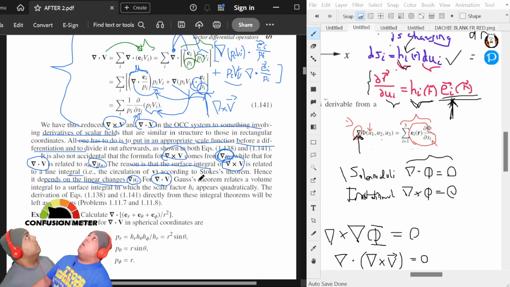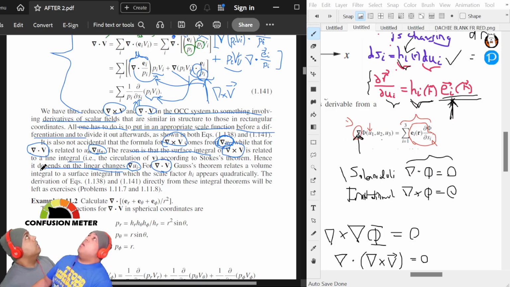For divergence, Gauss's theorem relates a volume integral to a surface integral, in which a scale factor appears quadratically. I suppose, since we're dealing with areas. Yeah, maybe. The derivation of these formulas directly from these integral theorems will be left as an exercise.